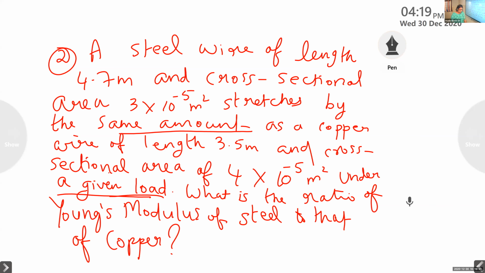So first we will write for the steel what is the Young's modulus and for the copper wire what is the Young's modulus.